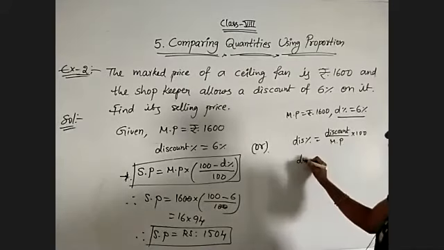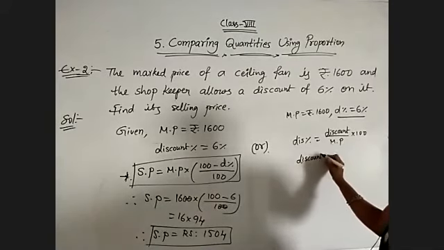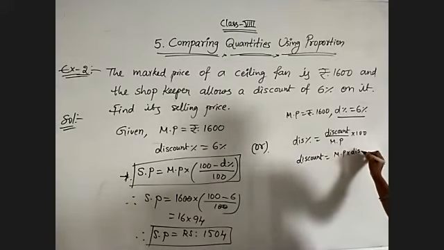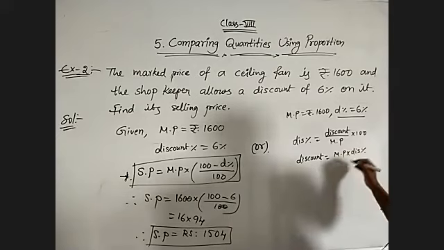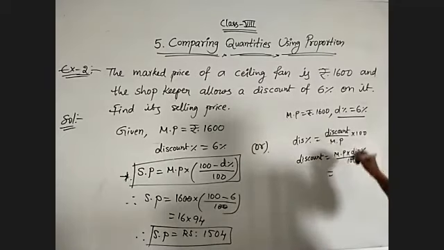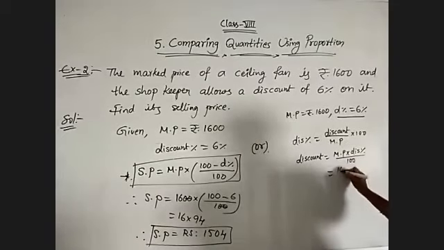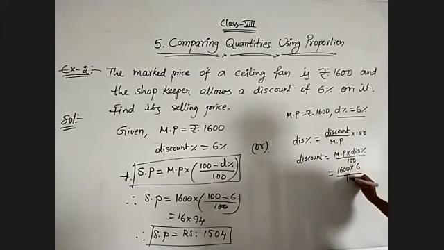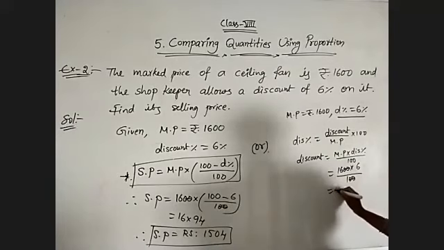So discount is equal to MP into discount percentage by 100. That is discount percentage of MP. That is, MP value is 1600 into discount percentage 6 by 100. Two zeros will get cancelled. 16 6s are 96 rupees was discount.